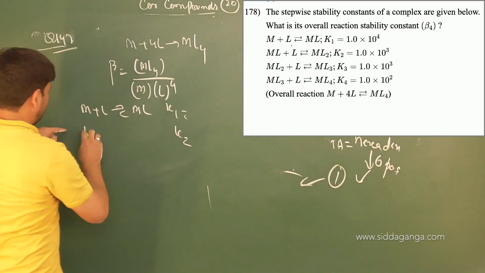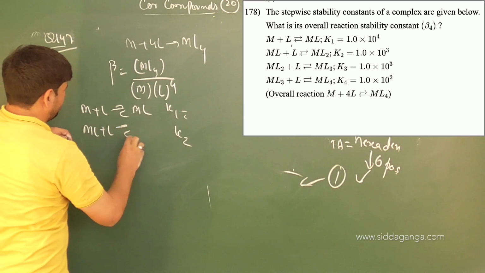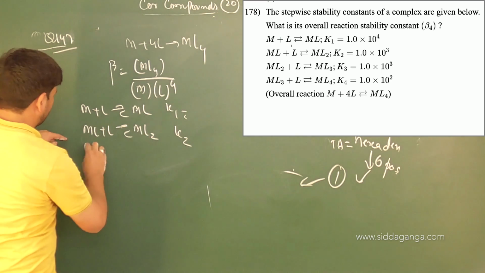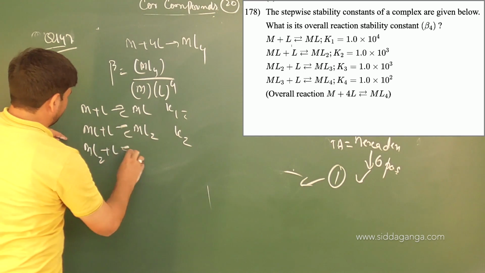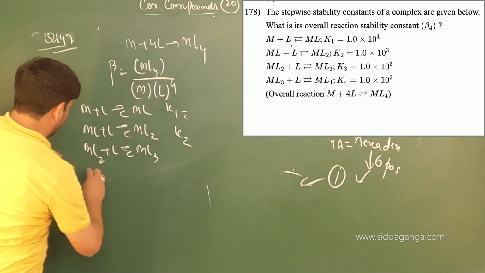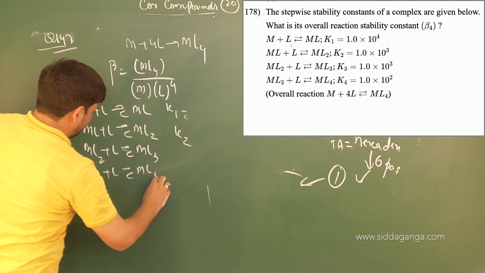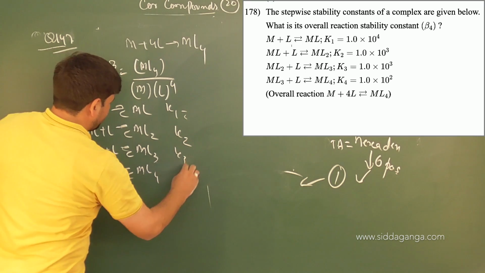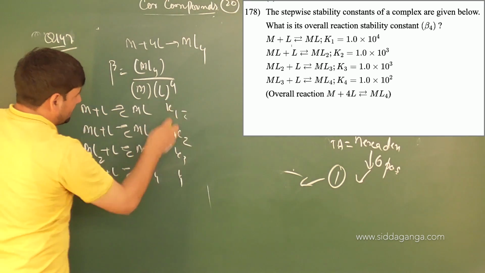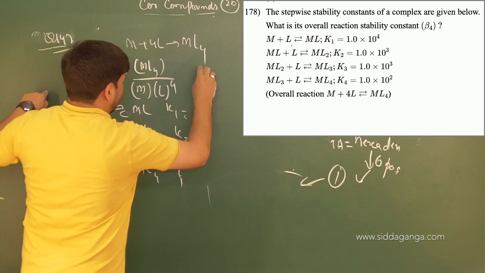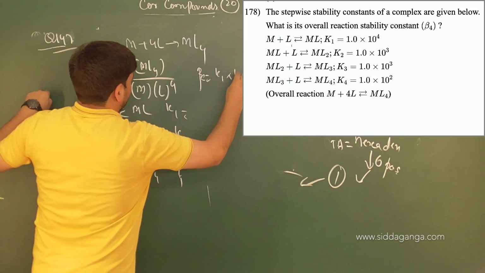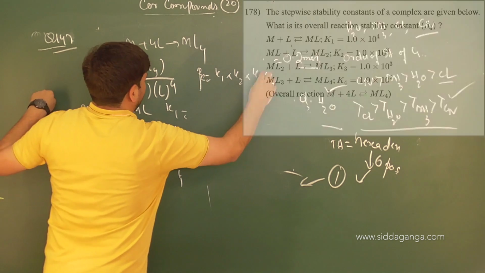Then ML plus L gives ML2, then ML2 plus L gives ML3, then ML3 plus L gives ML4. So it is K2, K3, K4. The overall stability constant beta will be K1 into K2 into K3 into K4.